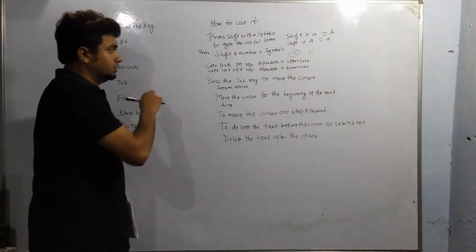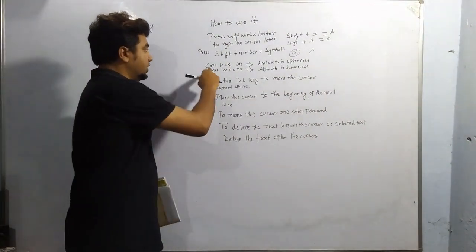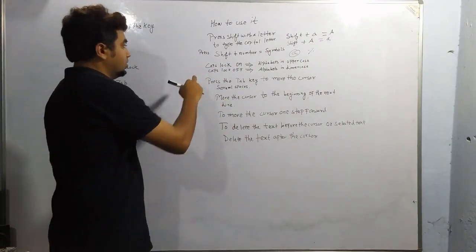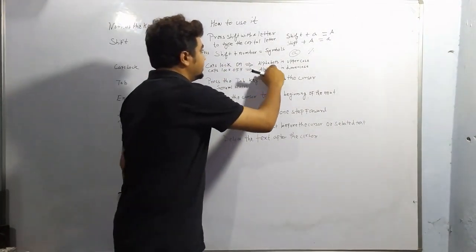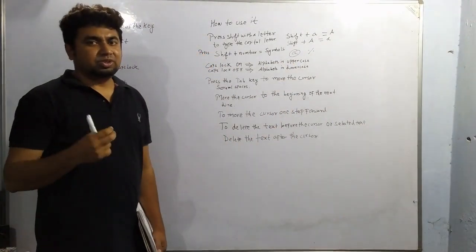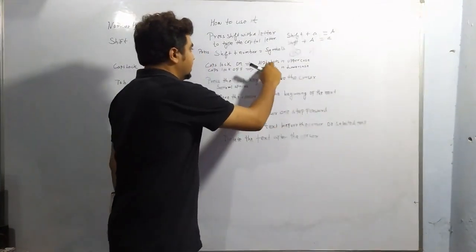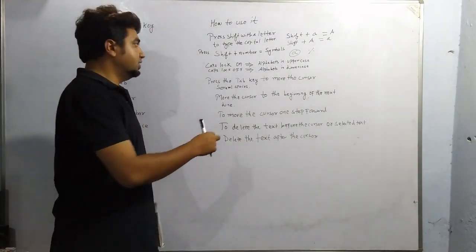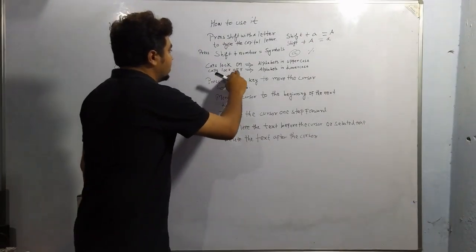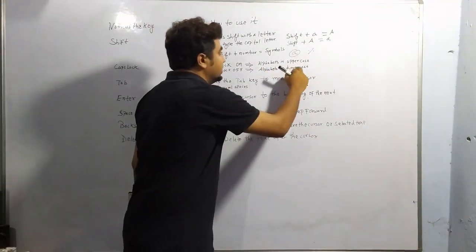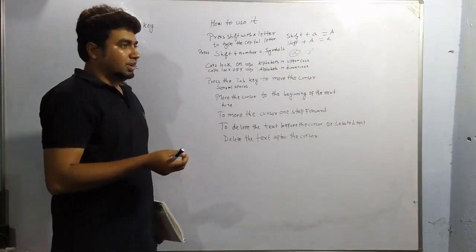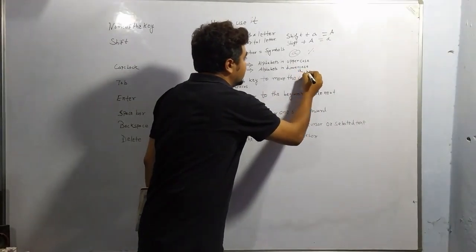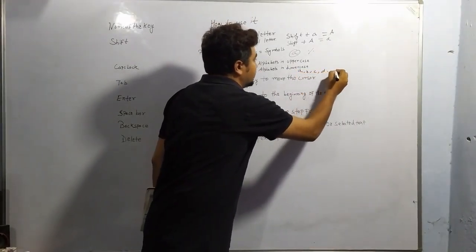The second thing is caps lock. When the caps lock key is switched on, alphabets will be in uppercase, which means capital letters, A to Z. When caps lock is off, alphabets will be in lowercase, which means small letters, for example a, b, c, d up to z.